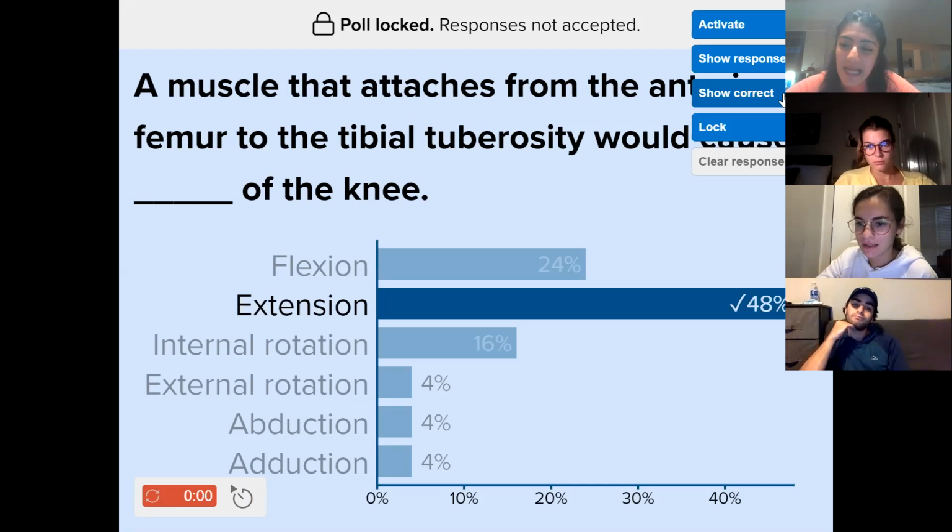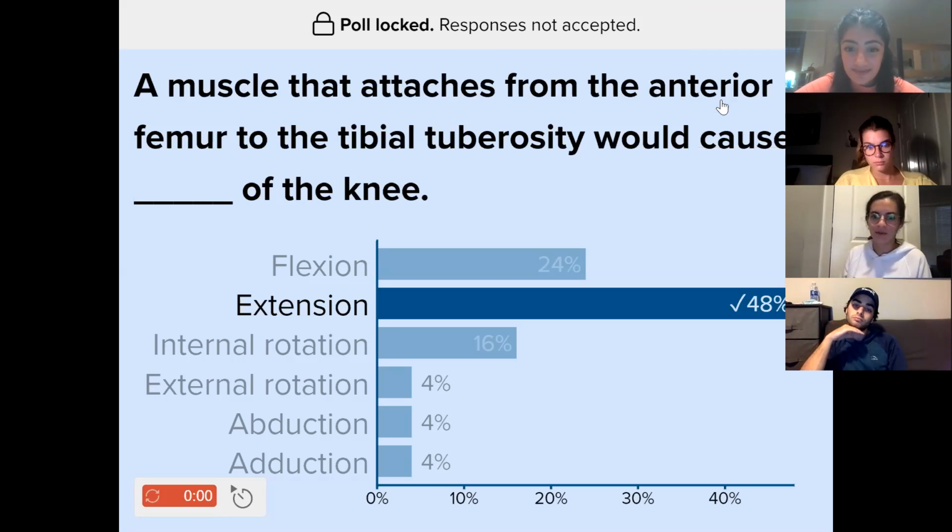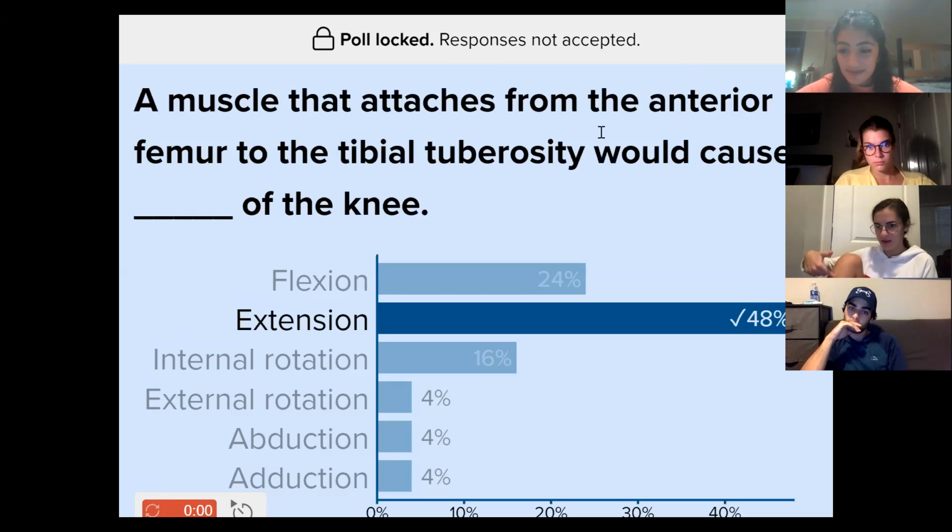Emma, I feel like it's on the tip of your tongue. Okay, I'll go, but it was like 50% a guess because I could not find the anterior femur, but I knew that the tibial tuberosity is this one right here. So I figured a muscle pulling it up would extend it. Yeah, exactly right.